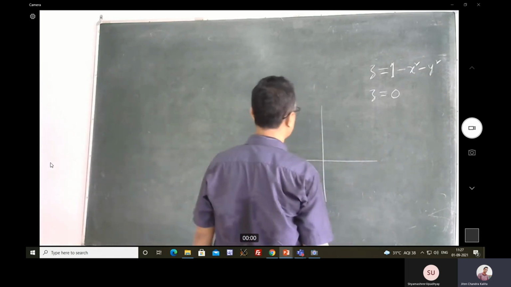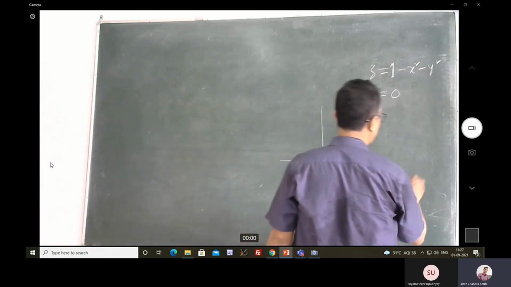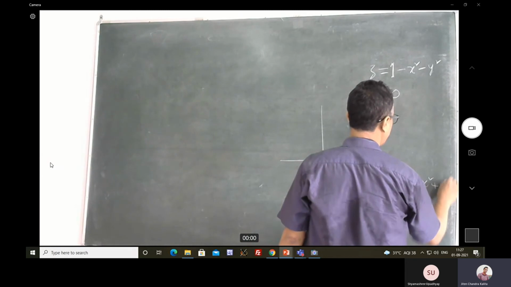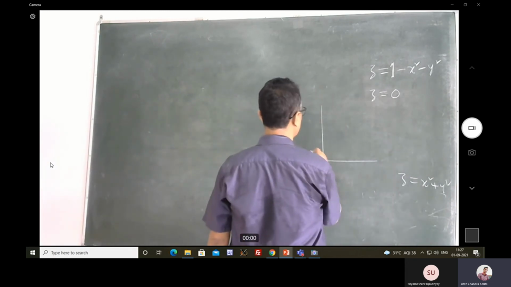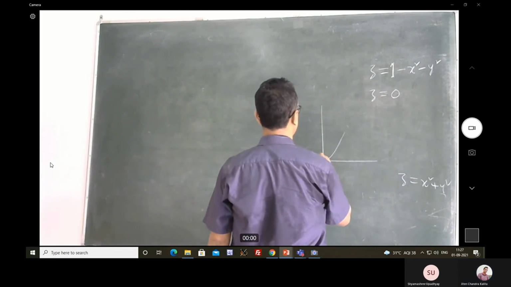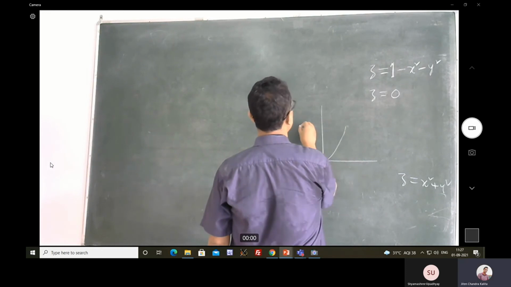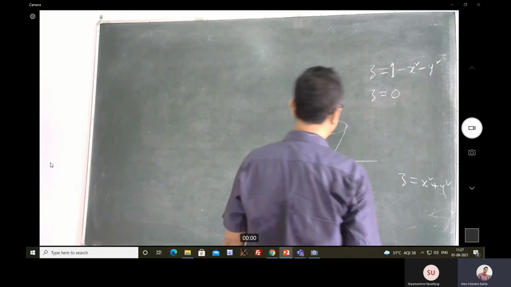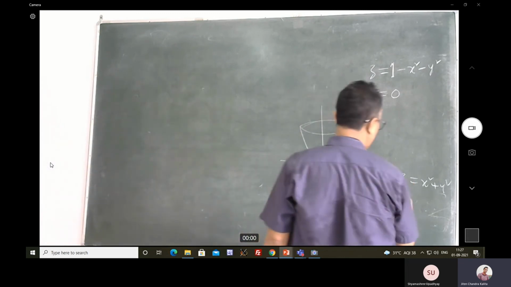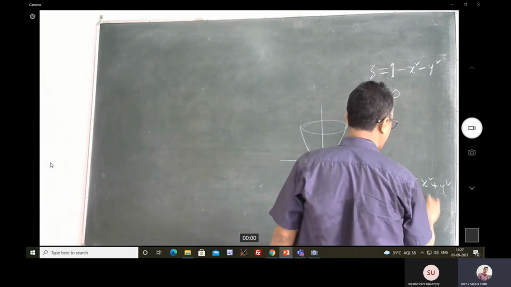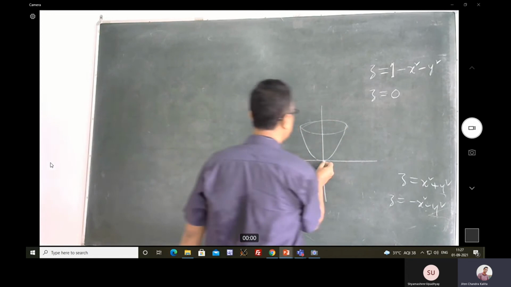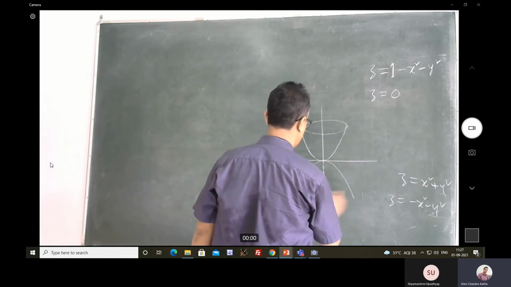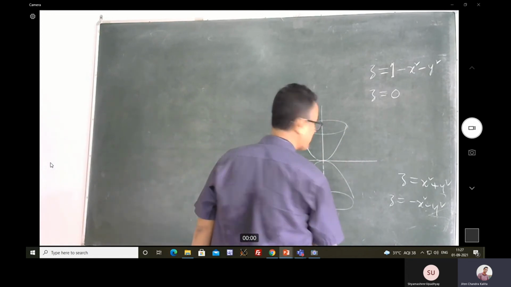So now you know the paraboloid z equal to x squared plus y squared is simply this. Now if I want to draw z equal to minus x squared minus y squared, it is simply going to be this one.